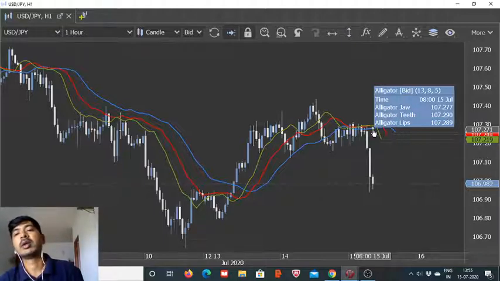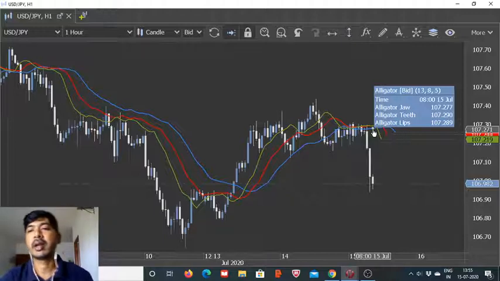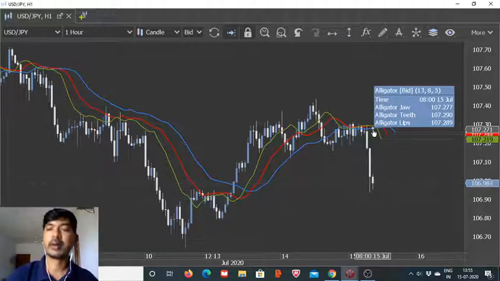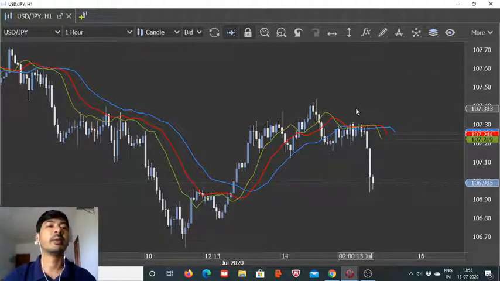So as you can see, now the alligator jaw stands at 107.277. So this is a wide difference between the prior value and the current value.